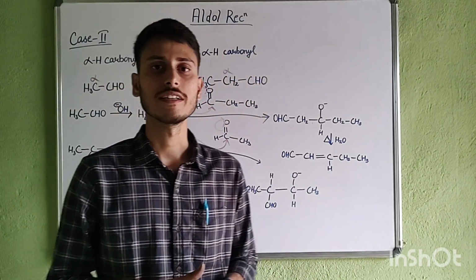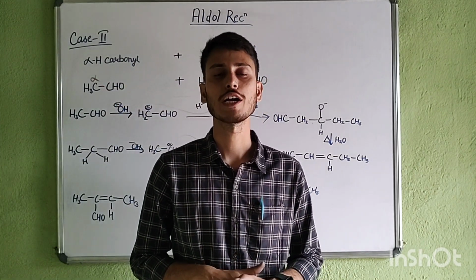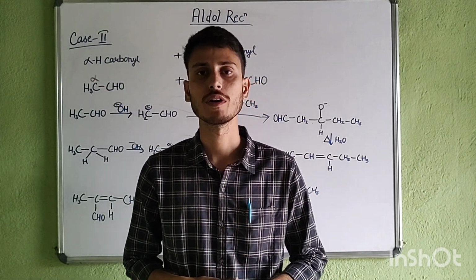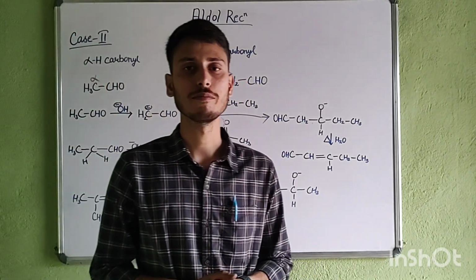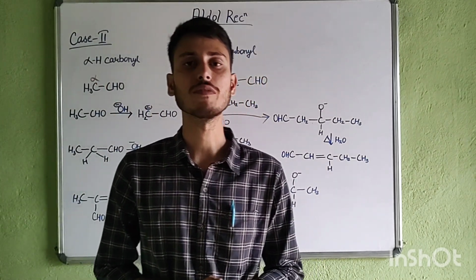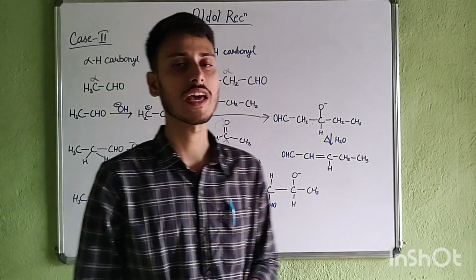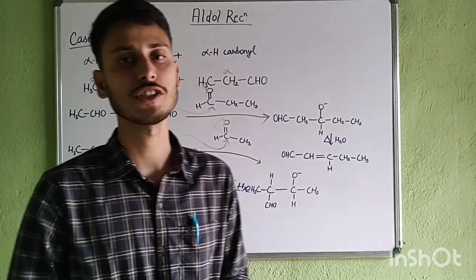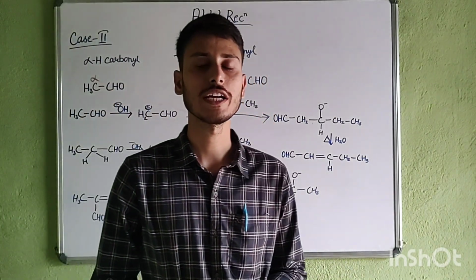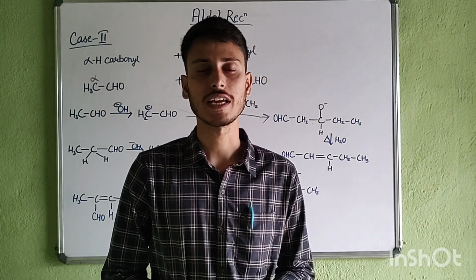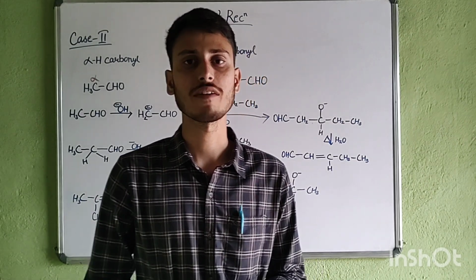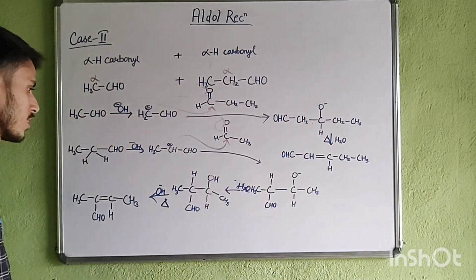When this alpha hydrogen containing carbonyl group is treated with base as the reagent, we will have the aldol addition product, and when the aldol addition product is treated with base and heated, we will have the aldol condensation product.